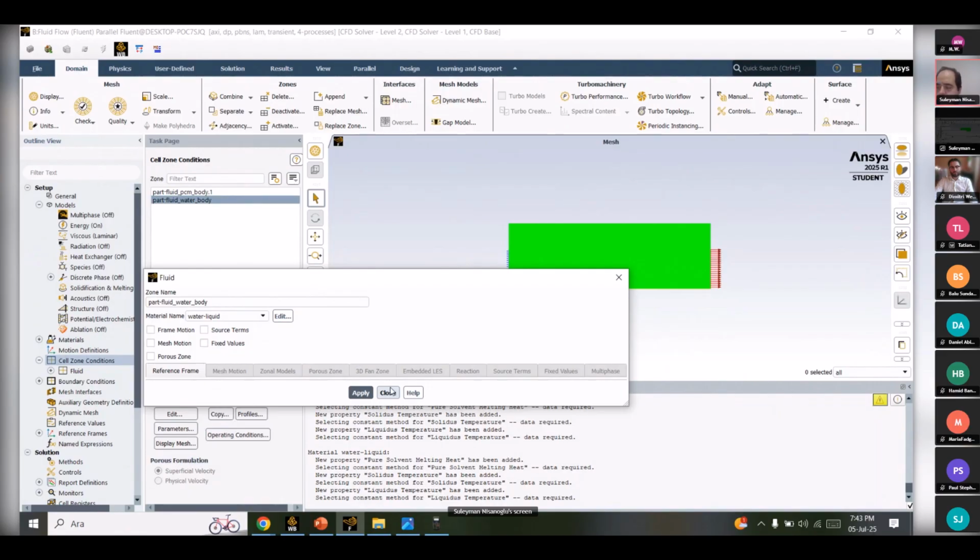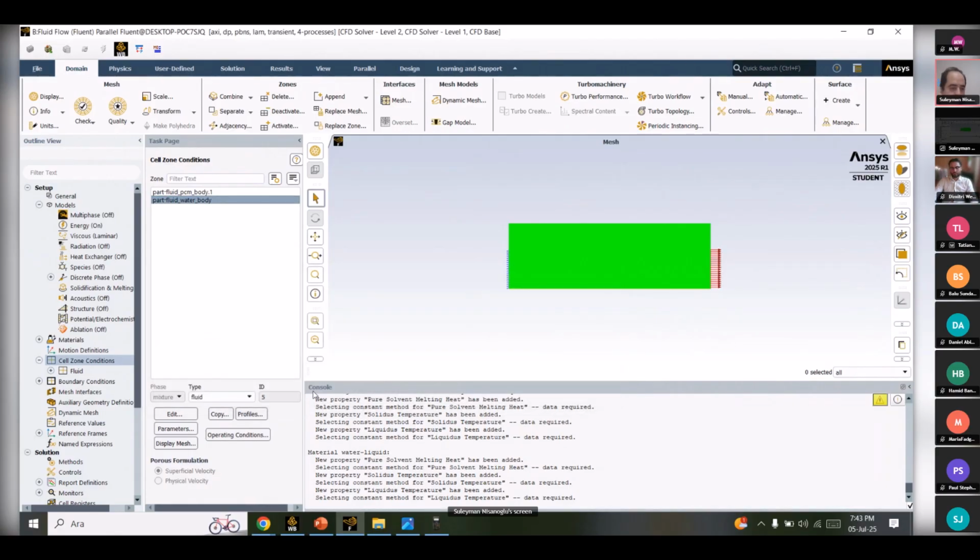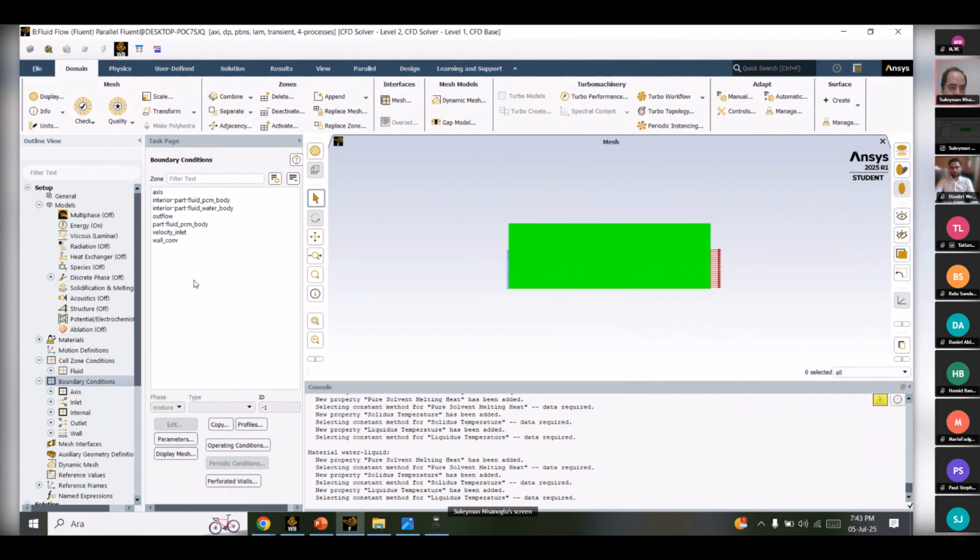Additionally, we will input our condition in the boundary condition, such as wall temperature, water inlet temperature here.